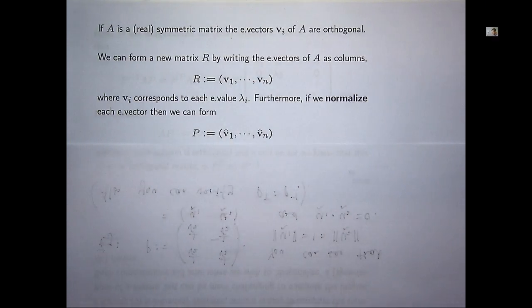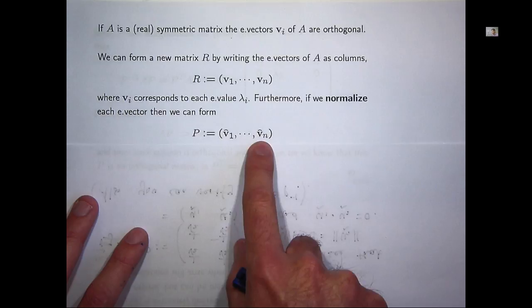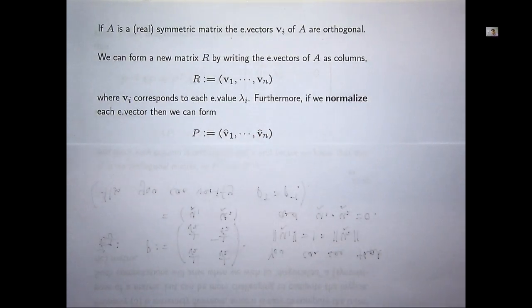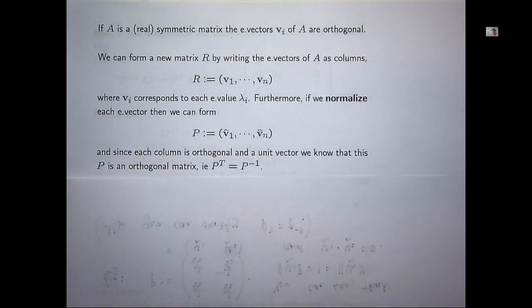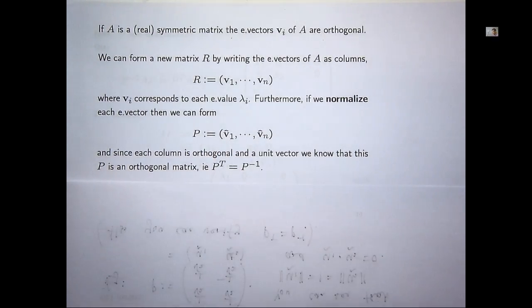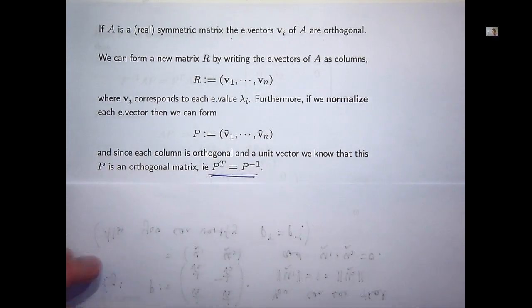They'll still be eigenvectors, but if we write all those normalized eigenvectors as columns and form a matrix, then we will get an orthogonal matrix, P. This is going to prove to be massively time-saving when we're solving other problems, because if we can put this matrix P together, we don't have to calculate P inverse, just P transpose, which is pretty easy to do.